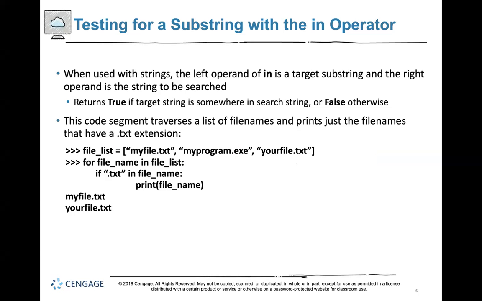And here we're using the in operator to test if the file name contains .txt, then we'll print out the file name. Keep in mind though, this substring could occur anywhere in that string. It may not be at the very end.